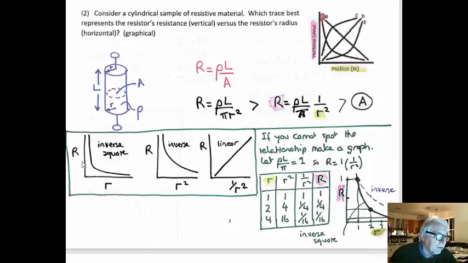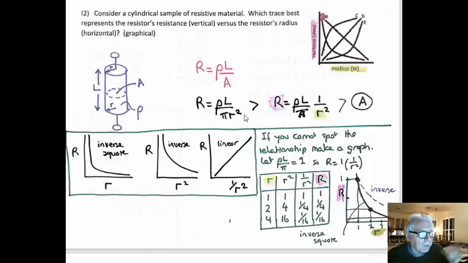So the graph of resistance versus the radius should be an inverse square. If, on the other hand, I plotted the resistance versus the radius squared, then it would be an inverse relationship, because the r squared is on the bottom, and it is what it is.